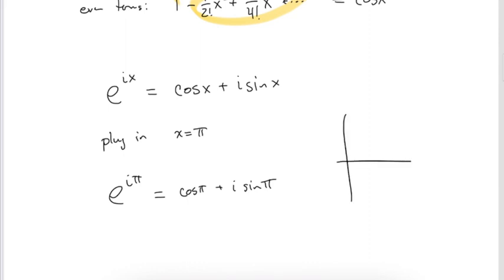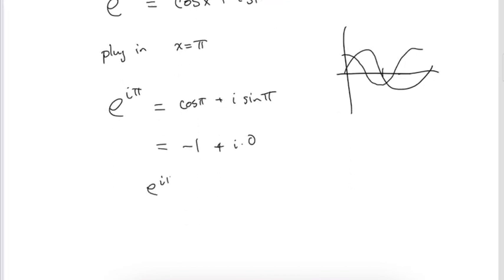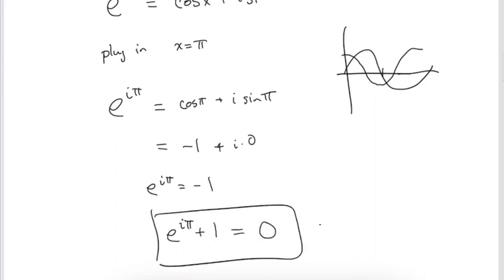Sine looks like this, where that's pi. And the cosine of pi is -1. So this actually is -1 and then plus i times 0, which is 0. So the whole thing says e to the i times pi equals -1. And this is sometimes written, if you just add the 1 to the other side, e to the i pi plus 1 equals 0. This is called Euler's Identity.